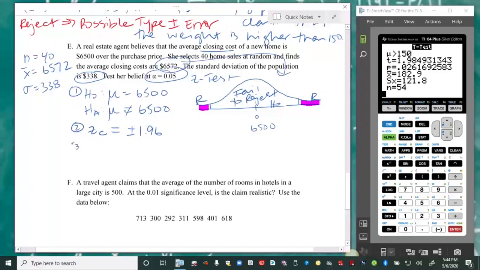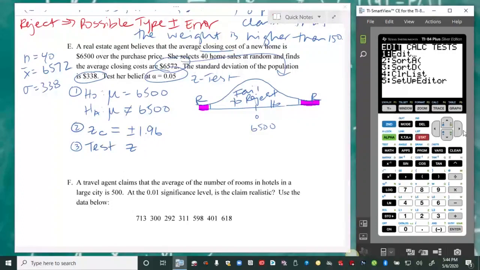We also need our test value, so we need our test z. I'm going to do that with the calculator. So I'm going to go to my stat menu, test, z-test, and I do have stats. My hypothesized mean is 6,500.